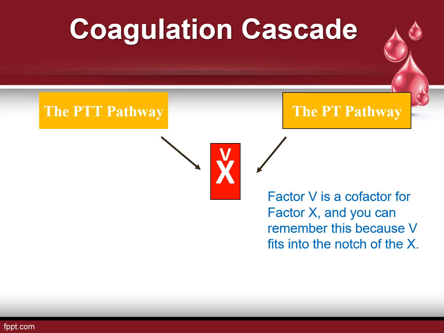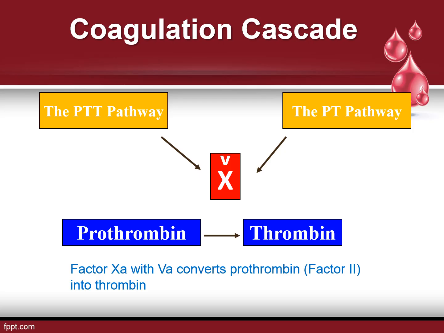Also, factor 5 is a cofactor for factor 10, and you can remember this because 5 fits into the notch of the 10. It's another way to give you some hints on how to memorize the coagulation cascade. And as I said before, it's a difficult and hard topic.